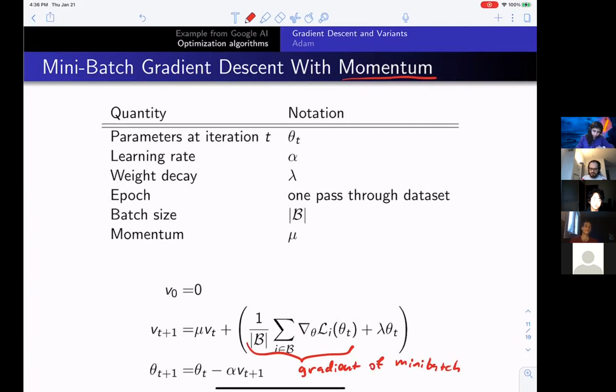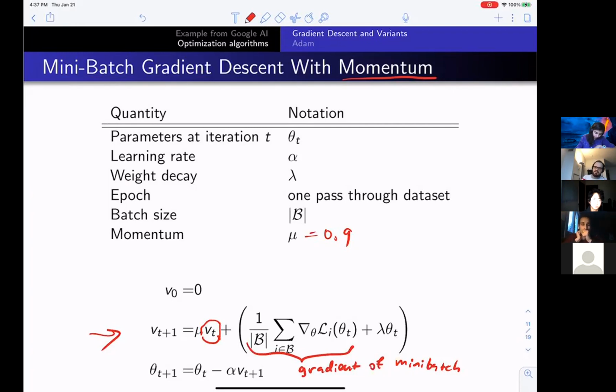So what this equation does is it takes the gradient of the mini batch and then it adds it on top of some running sum VT multiplied by some constant mu. So think of mu as being equal to 0.9, right? So you take your running sum at the moment, which is VT, you multiply it by 0.9, and then you add the current gradient.